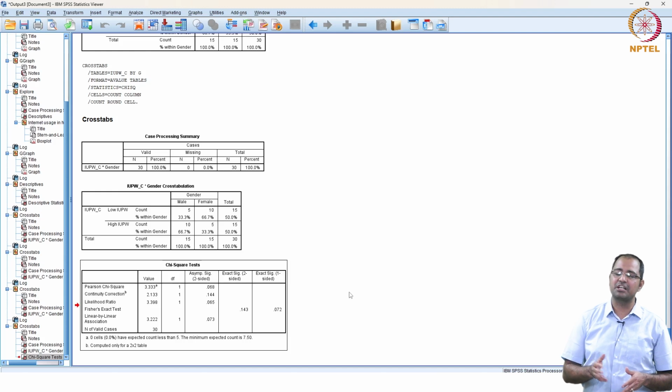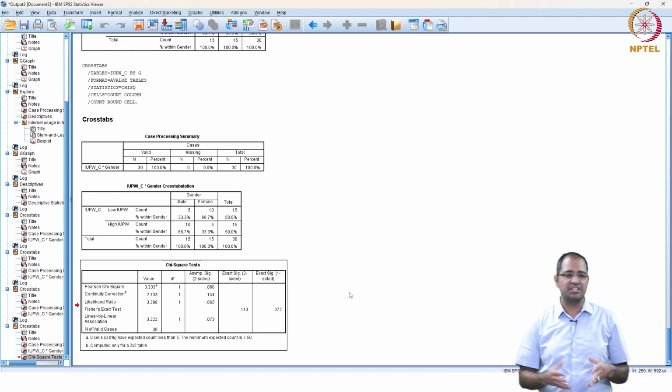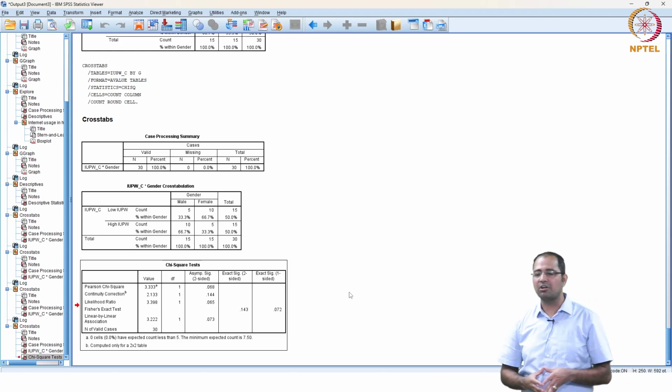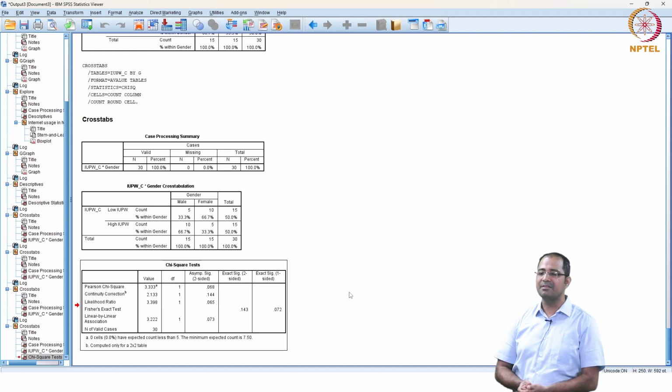Some adjustment is required to improve that, and that is why we look at the continuity correction in special cases, when it is a 2 cross 2 cross tabulation, or when in any cell the observed frequency is less than 10. Then we use the p value corresponding to continuity correction, rather than the Pearson chi-square.